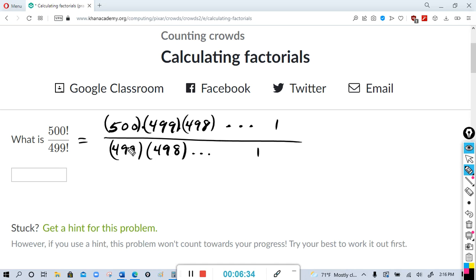So everything will drop out. 499 divided by 499, 498 divided by 498, and it will keep going until you get down to 1. Everything cancels, and you're left with 500. So that's it, 500.